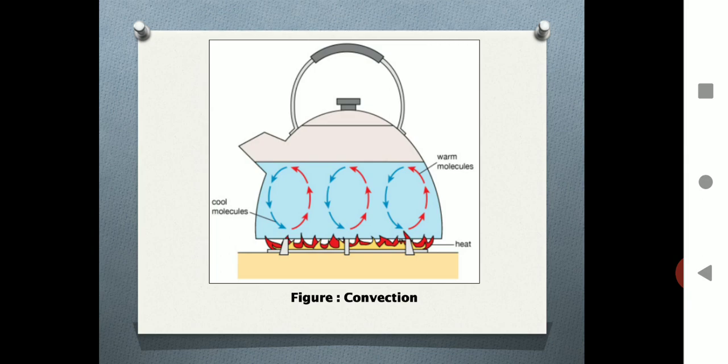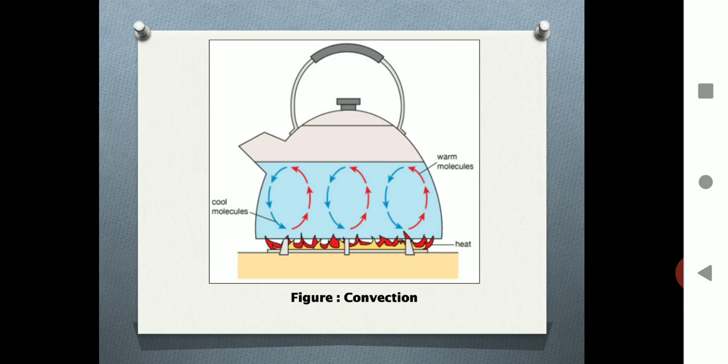The red colored arrows are moving upwards and the blue colored arrows are moving downwards. Now, what do these two types of arrows indicate? The red colored arrows indicate the molecules which are warmer and hence are rising up, whereas the blue colored arrows indicate the molecules which are cooler and are moving downwards.